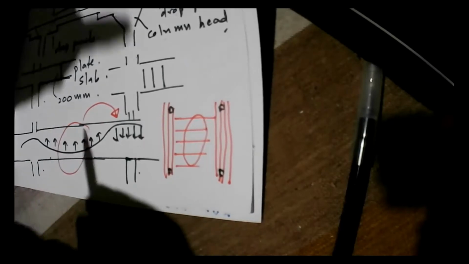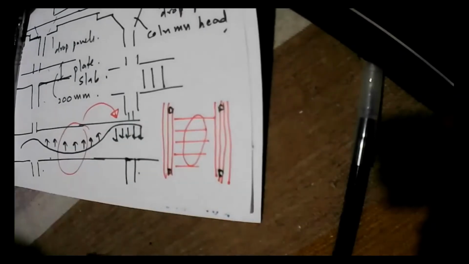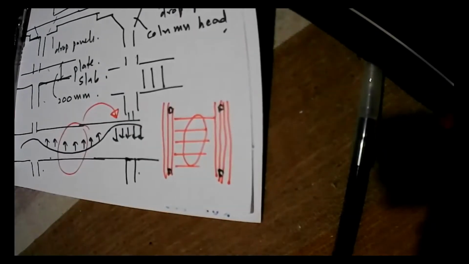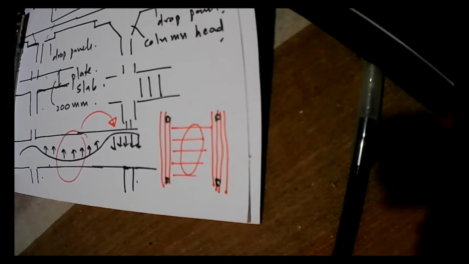And in the column strips, you will have a concentration of pre-stressing, so that all these loads can be transferred onto the columns. So these are different variations that you can have with respect to slabs.